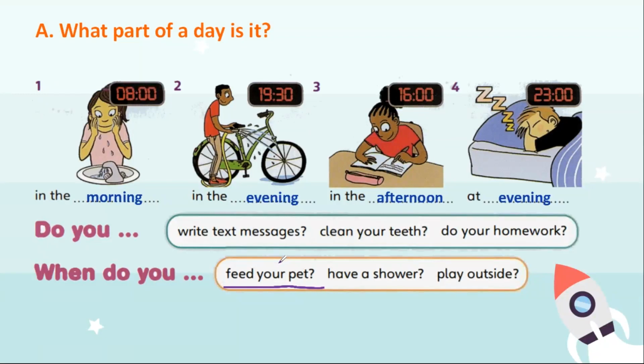I have shower 10 o'clock. Okay, so now I want you to change at. You use other in, on, every. Okay? So when do you have a shower?